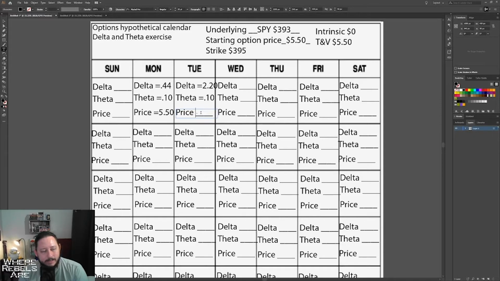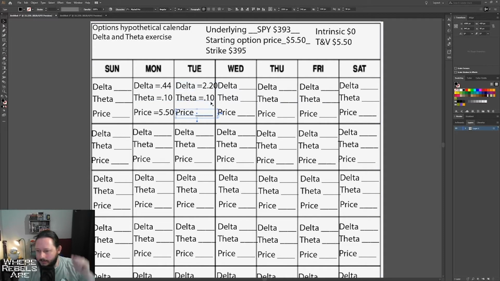And then the new price is going to be the delta change. In our example, the price went up, so the new price of the option is the starting price, which was 550, plus the delta change, because this was an upward move, minus the theta decay, because this is a ticking time bomb of sorts.